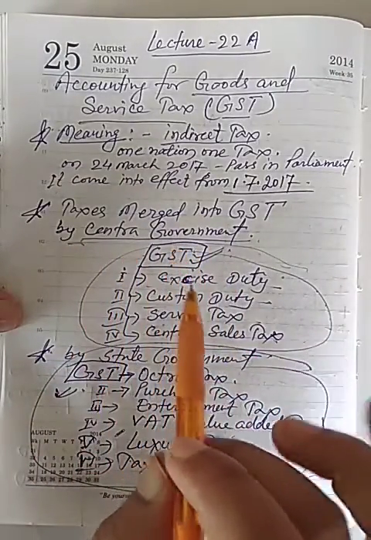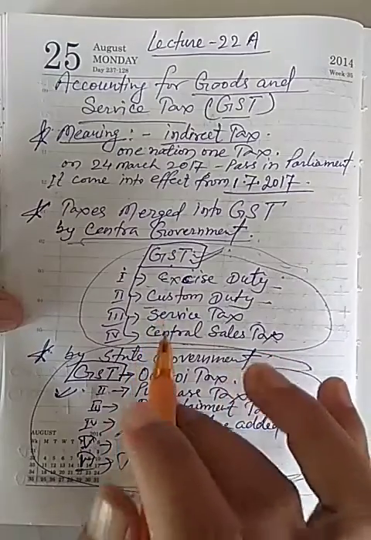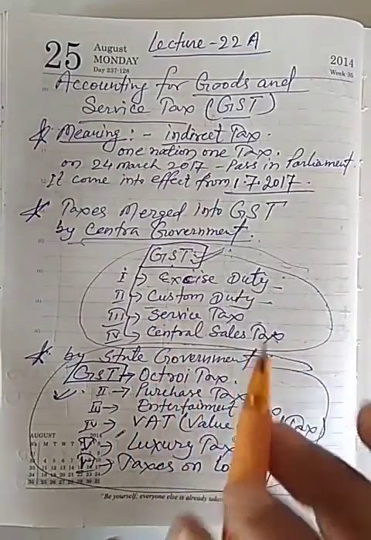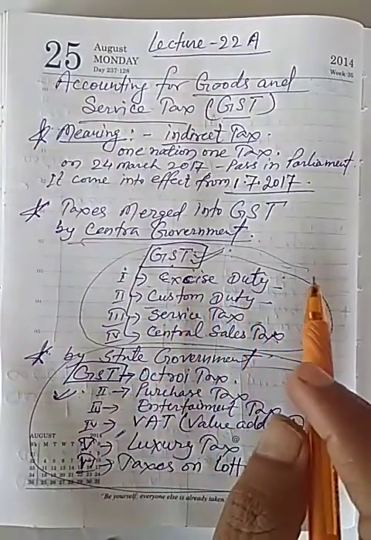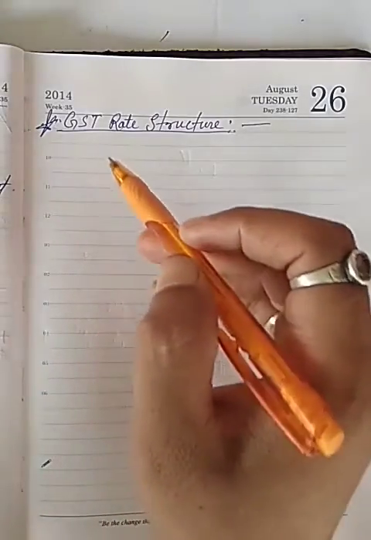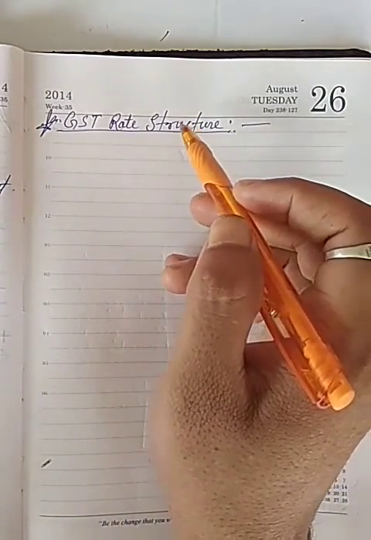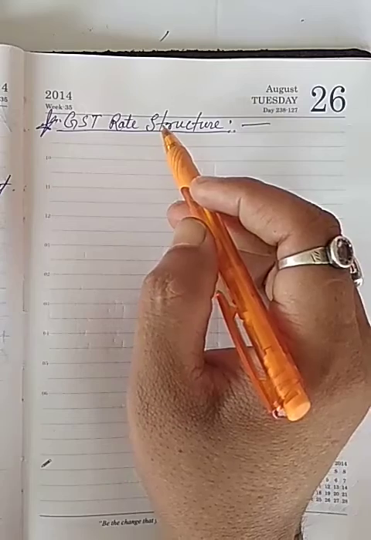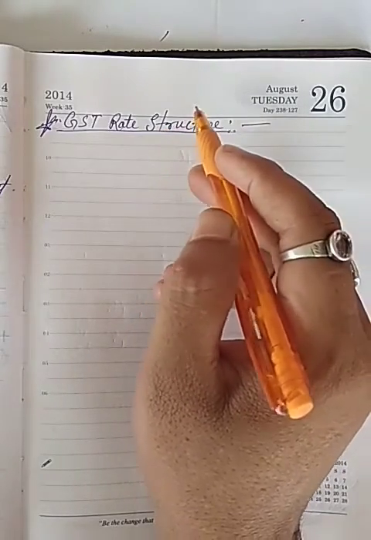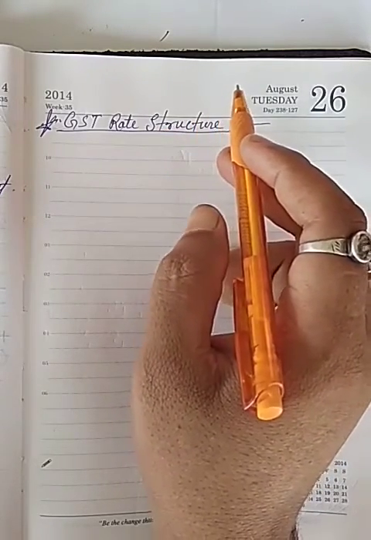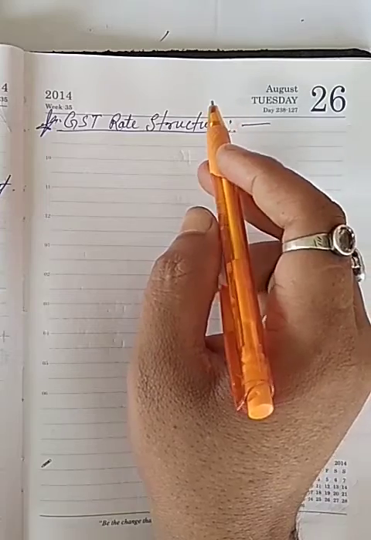Now, GST rate structure. GST rate structure means goods and services are divided into 5 slabs for collection of GST.